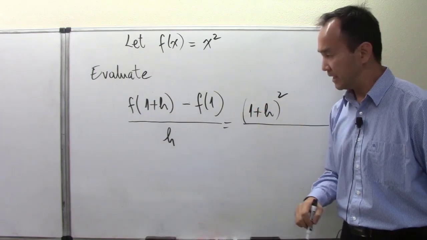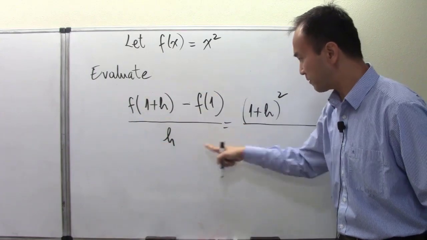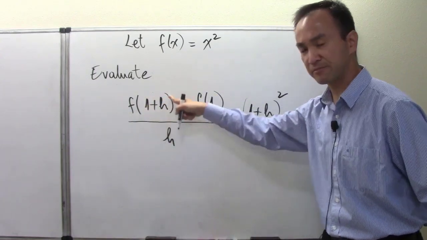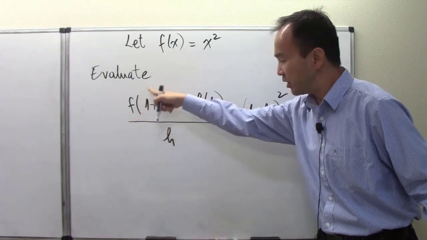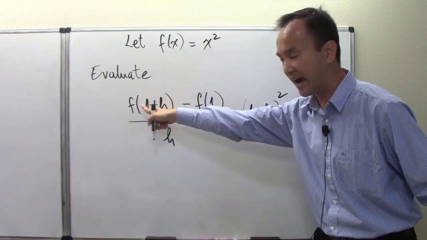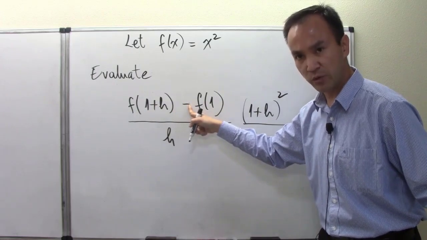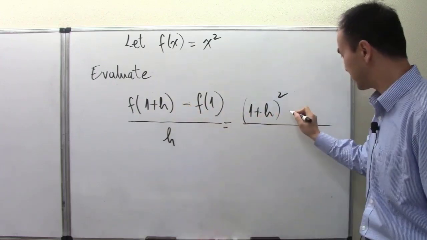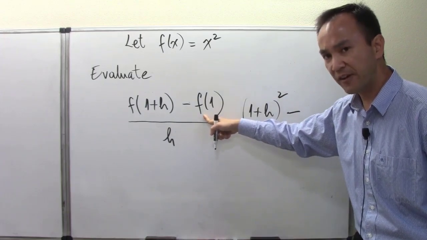And then the expression from the beginning is telling me that after we have substituted the input 1 plus h into the function, we're also going to need to subtract. So this subtraction is after evaluating the function f at that input. Then we're going to subtract the function output f at 1.